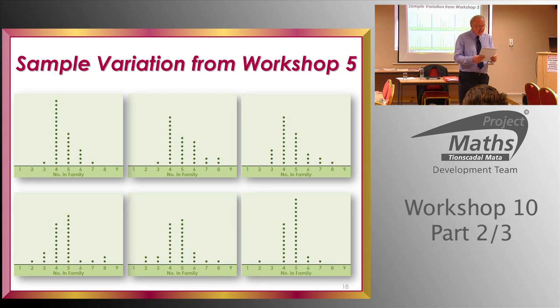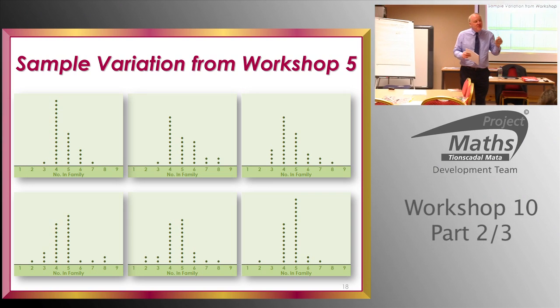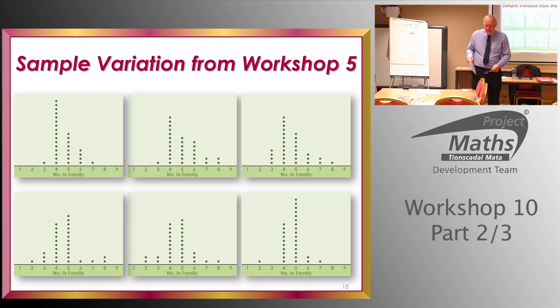So first of all, let's look at the shape there. What would we say about that? It has one mode, yes. Could we say it's symmetrical? No. Roughly, yes. Now, just a point on that: if we said it was symmetrical, then, not having seen it, I should be able to draw it.